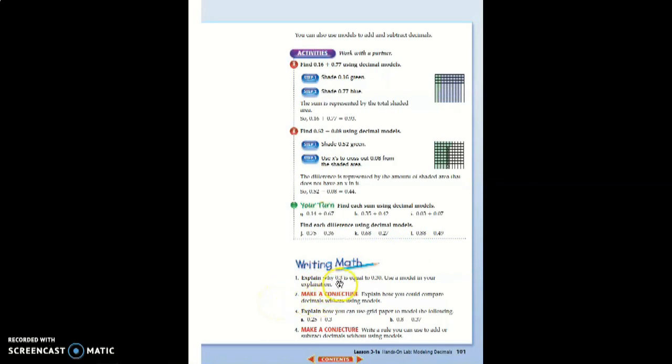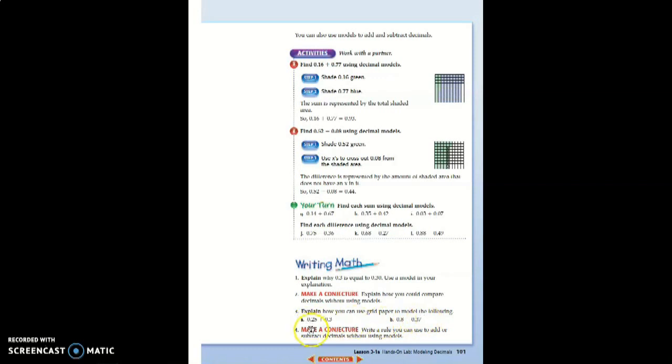Writing in math. 1. Explain why 0.3 is equal to 0.30. Use a model in your explanation. 2. Make a conjecture. Explain how you could compare decimals without using models. 3. Explain how you can use grid paper to model the following.